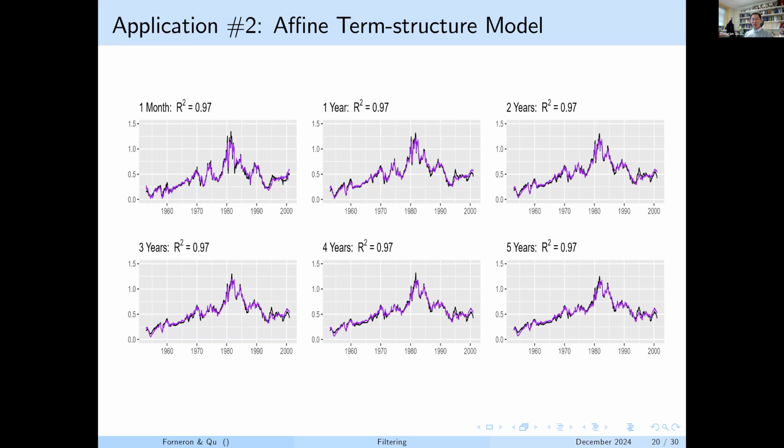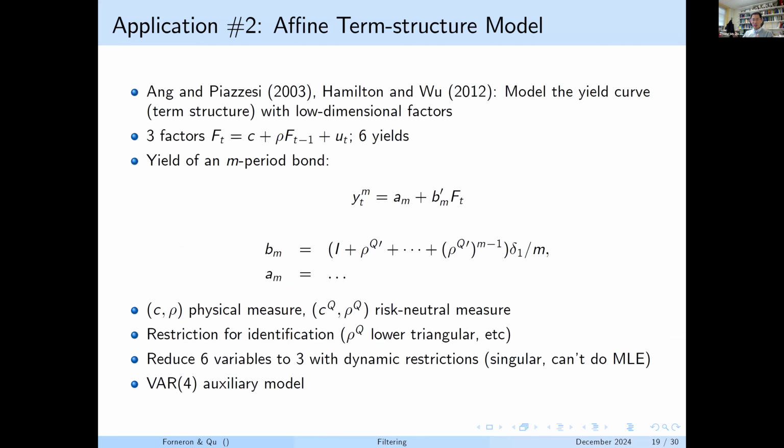And if you regress the actual observations on the model implied values, you get 97% R squared throughout. What this means, I guess, is that in this case, 3 factors can capture 97% of the variation in the time series data set. So this is without adding any measurement error to the model.